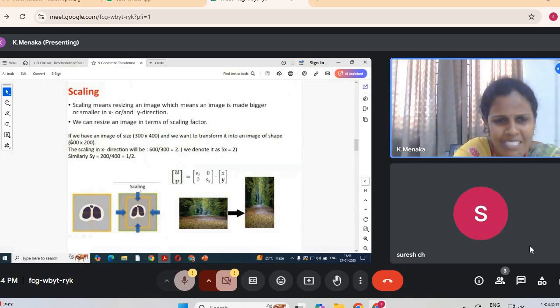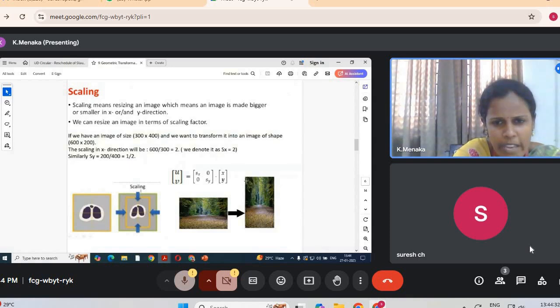For example, 600 divided by 300 is equal to 2 and 200 divided by 400 is equal to 1 by 2. The input image is of size 300 cross 400, that is 300 rows and 400 columns. After transforming it, we got this size.